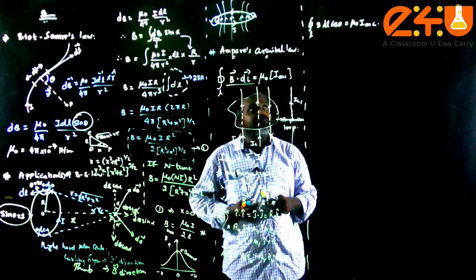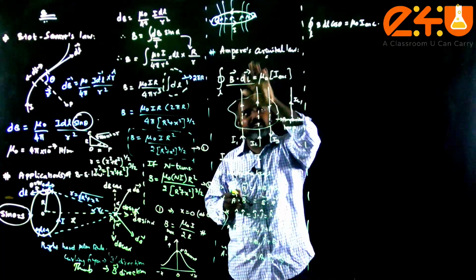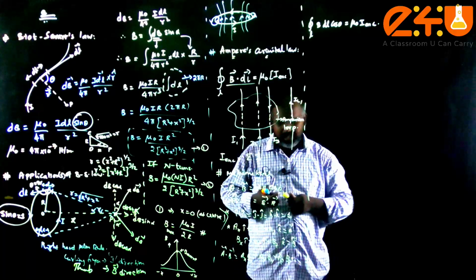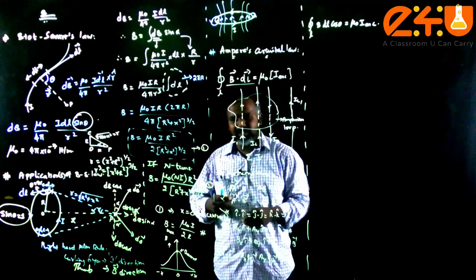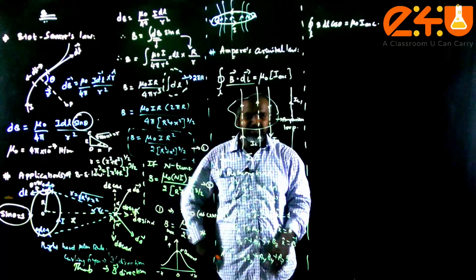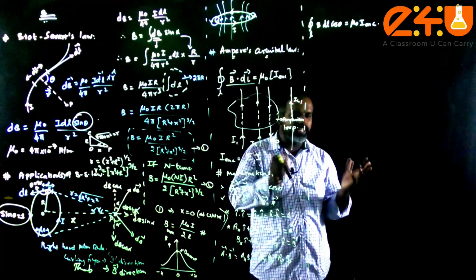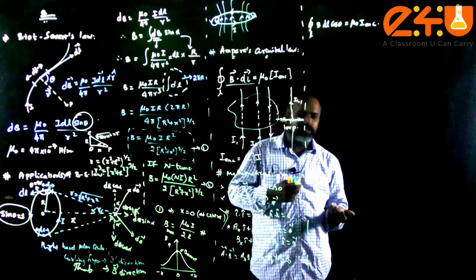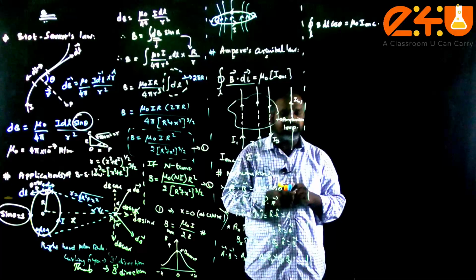So this is the scalar form and the earlier one is the vector form of Ampere's circuital law. Using this, compared to Biot Savart's law where we did lengthy derivations, Ampere's circuital law reduces the mathematical work, and it is easy to get the results in simple steps.